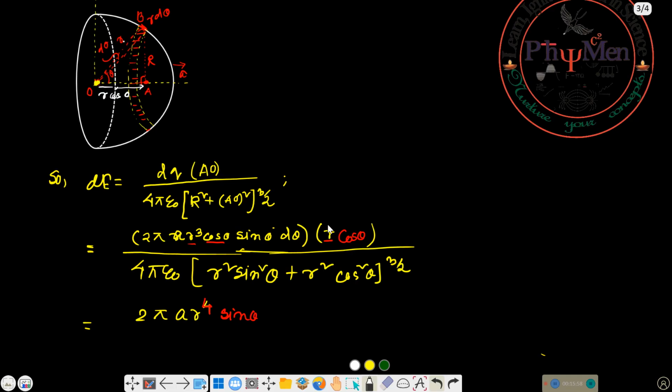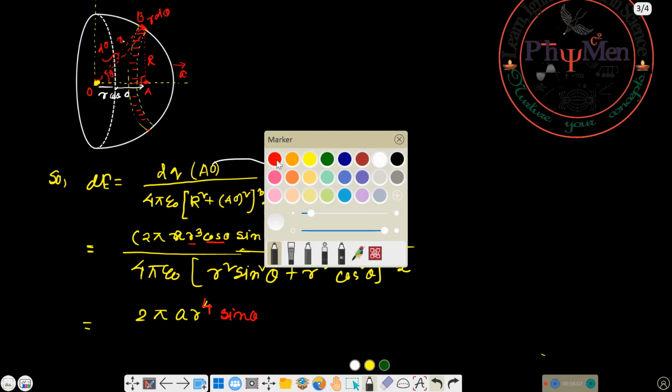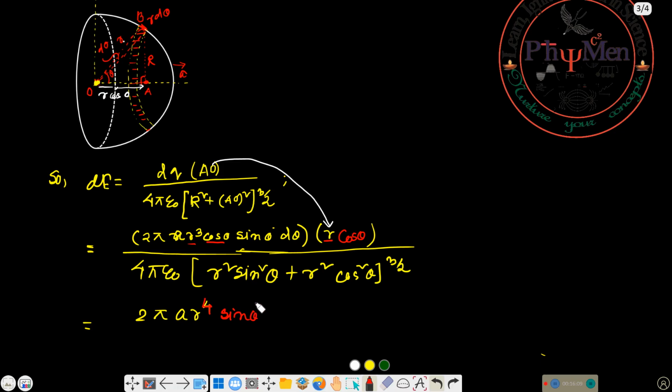So this is the value of AO. So sin theta cos square theta d theta divided by 4 pi epsilon naught, r square sin square theta and r square cos square theta, take r square common, cos square theta plus sin square theta is 1, so it will come out to be r cube.